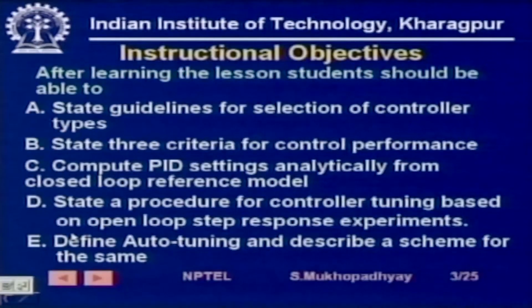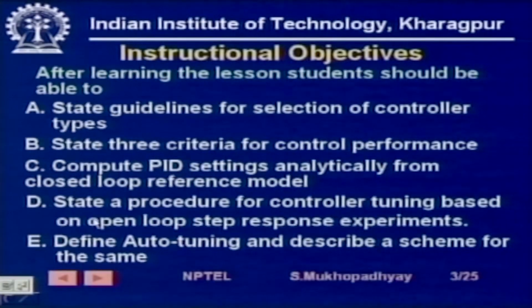One is an open loop approach, which is based on step response. So, you should be able to state a procedure for doing that, and the other one is for closed loop. So, you should be able to do that also.